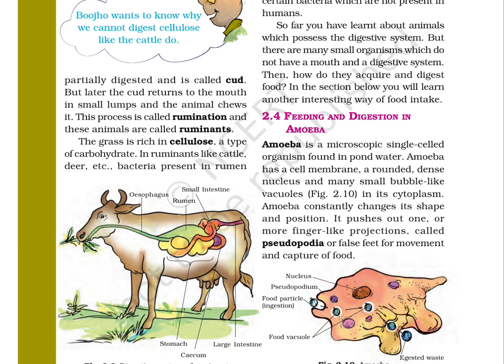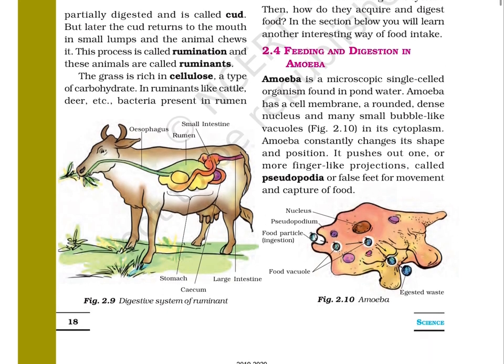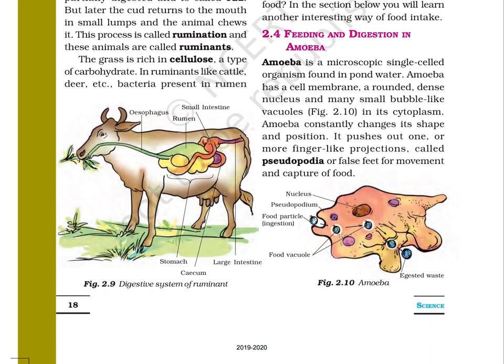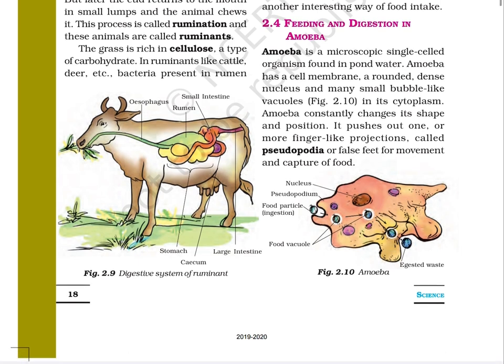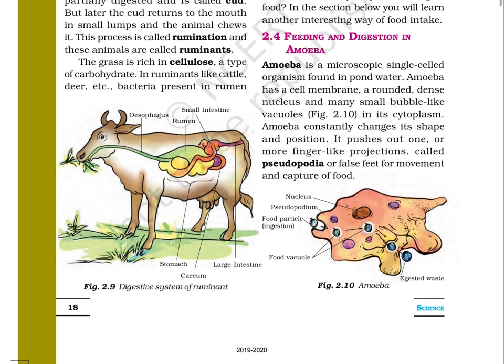2.4. Feeding and digestion in amoeba. Amoeba is a microscopic single-celled organism found in pond water. Amoeba has a cell membrane, a rounded, dense nucleus, and many small bubble-like vacuoles in its cytoplasm.